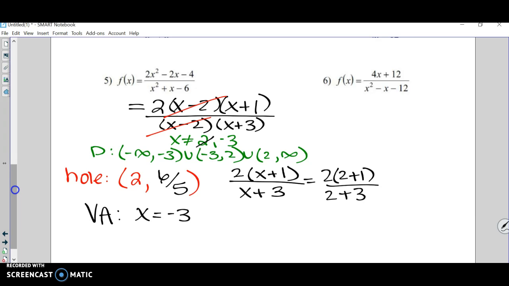Because it canceled out with the hole, okay? So your only vertical asymptote, or the only remaining domain restriction, is x plus 3. That's it. If I didn't get rid of this x minus 2, both of them would be vertical asymptotes, okay?